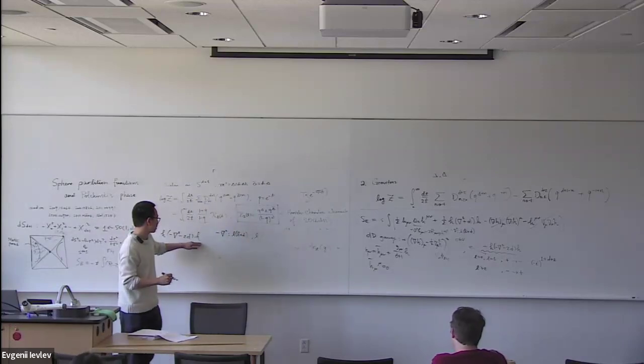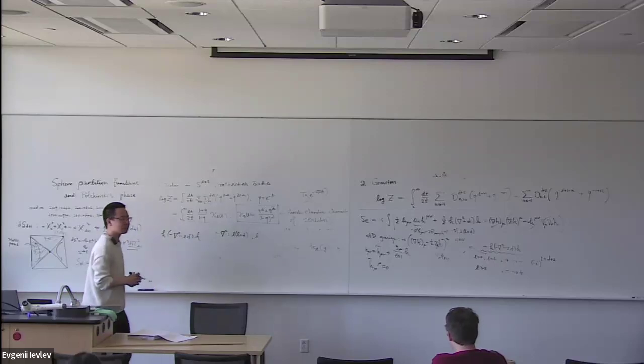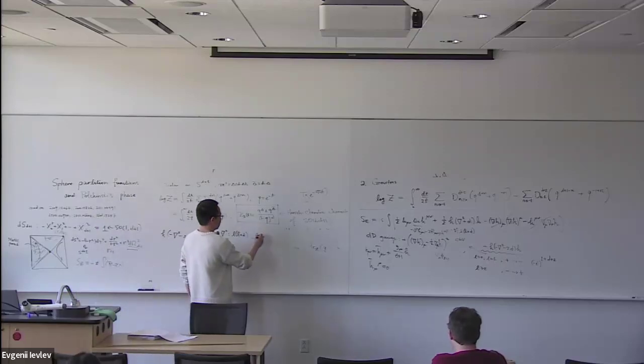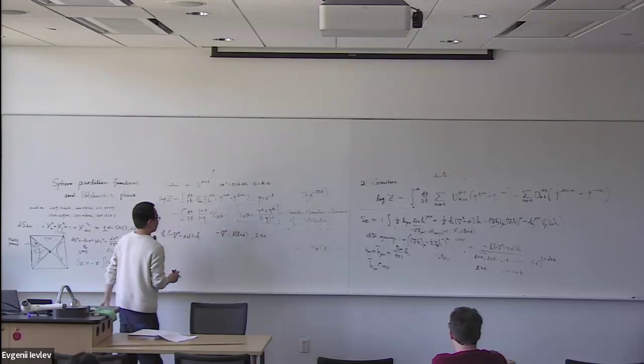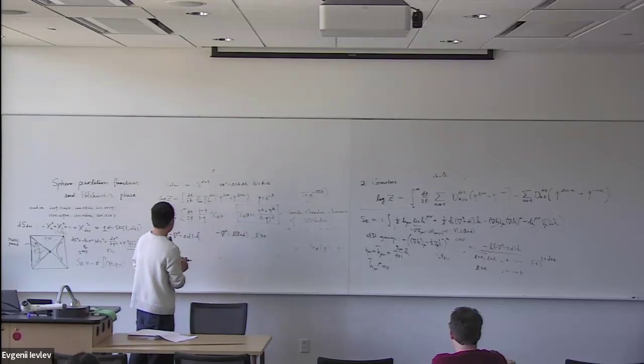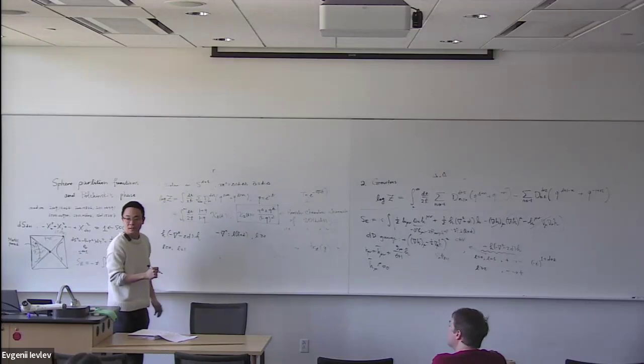Because now H is like a scalar field, so it can be expanded into spherical harmonics on the sphere. And I'm saying that after you do this, there are some negative modes, which are the constant mode and the L equals 1 modes, which are conformal Killing vectors.